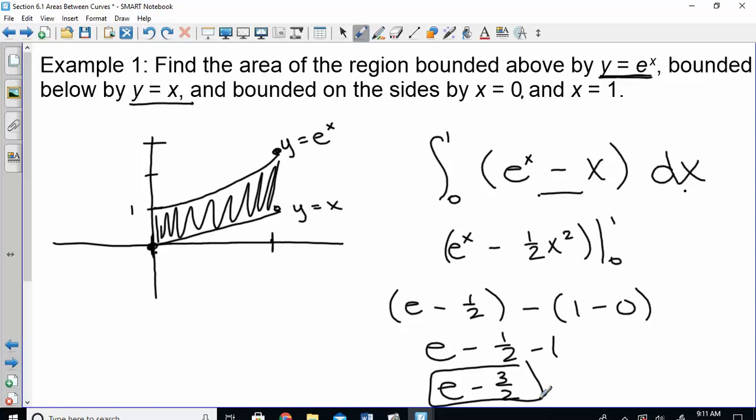So we get e minus 3/2, or e minus 1.5. Any questions on that one?